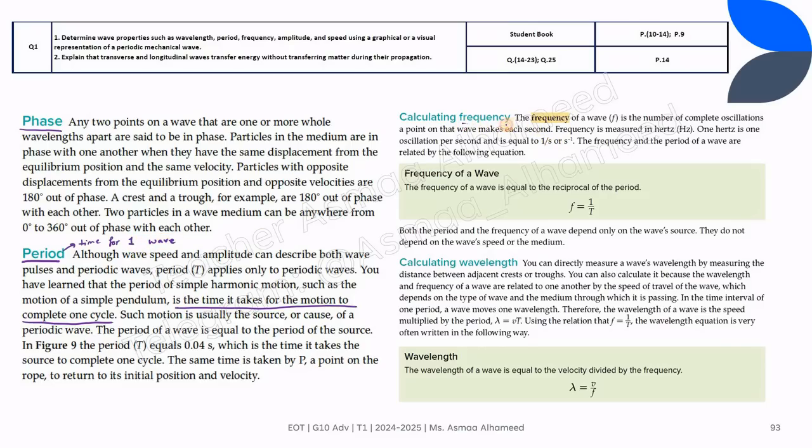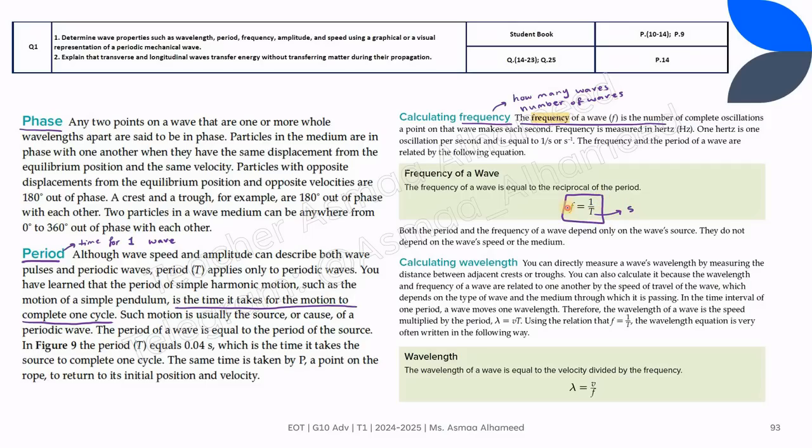And how is it related to the frequency? Frequency is the number of waves, how many waves you have. So it is equal to the inverse of the period.